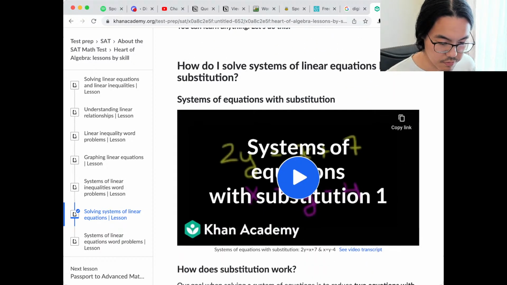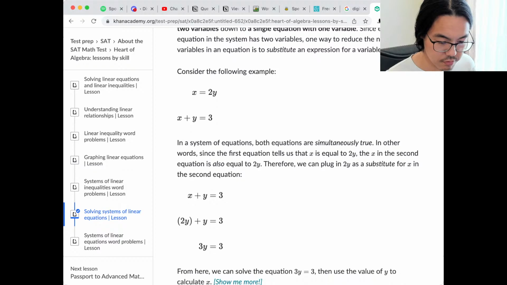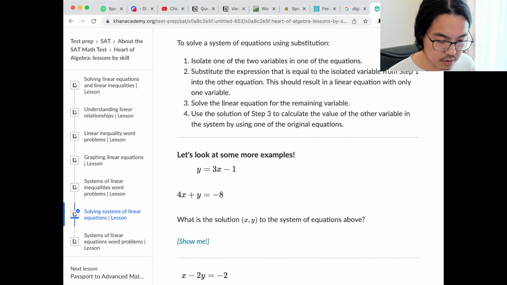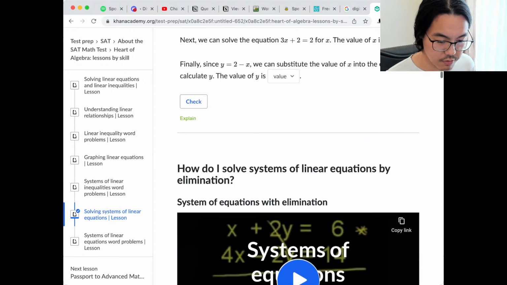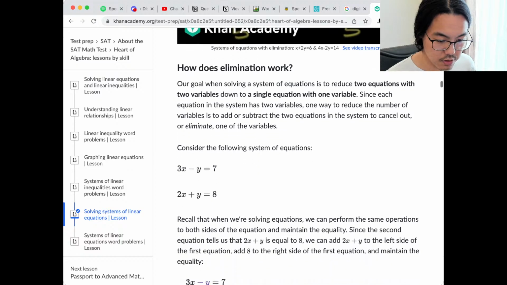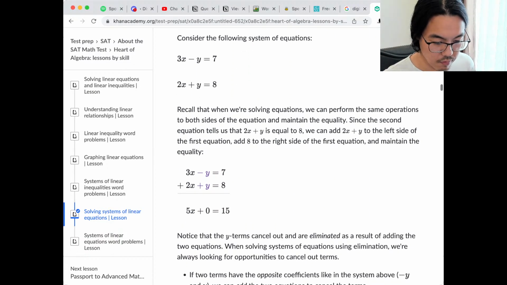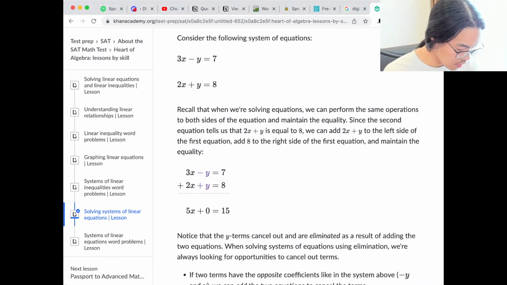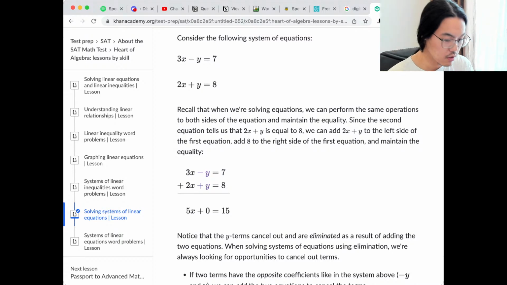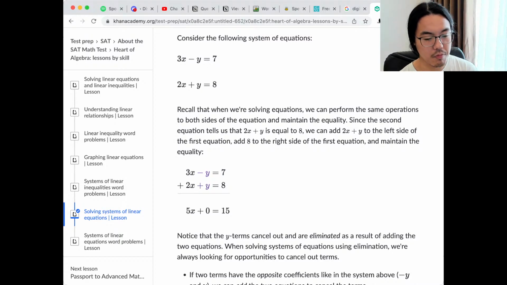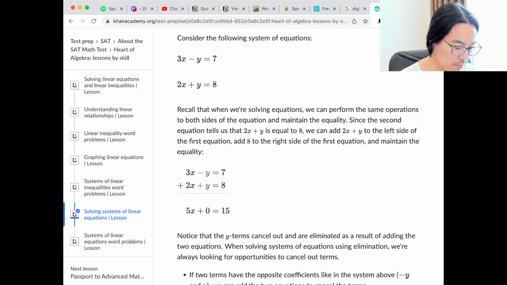Let's look at substitution. Okay, that's easy, but forget that. Elimination. So we just add them. 5x. Oh, I see. So we multiply by 3. Minus 3 on the bottom.